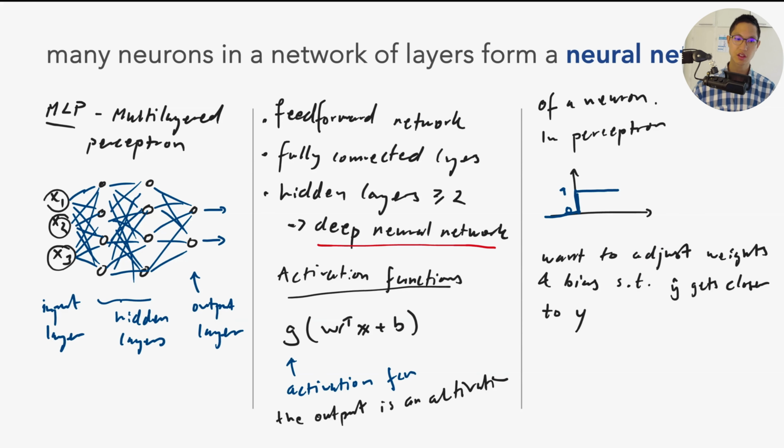The idea is that we want to adjust the weights and bias such that y hat gets closer to y. Y hat is the output that we get, and it should be closer to the label y. Note that this is supervised learning.